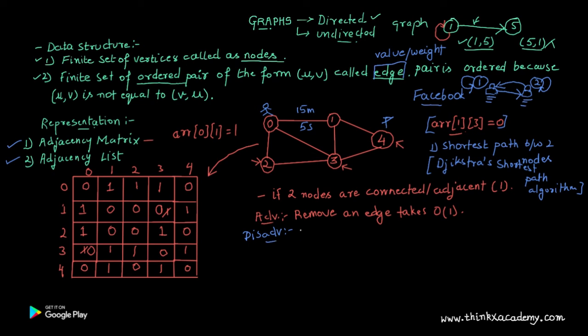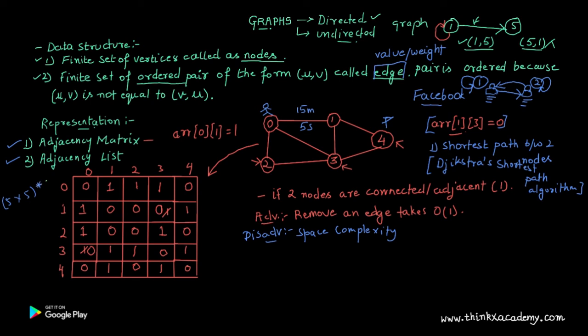The disadvantage is the space complexity. Let's suppose there are 5 nodes like this. If you're creating a matrix of 5 into 5 length, each entry holds an integer value.